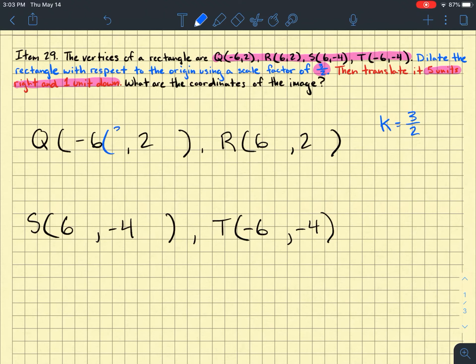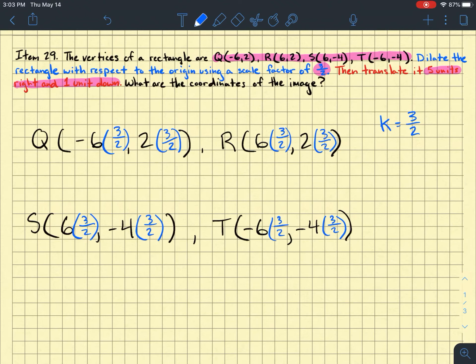So each number, we're going to multiply it by 3/2. Okay, so each coordinate we're going to multiply by 3/2. All right, so let's go ahead and do that first.